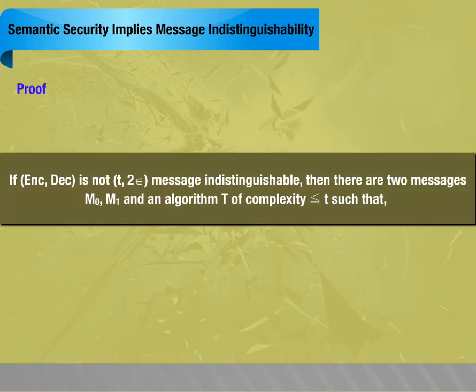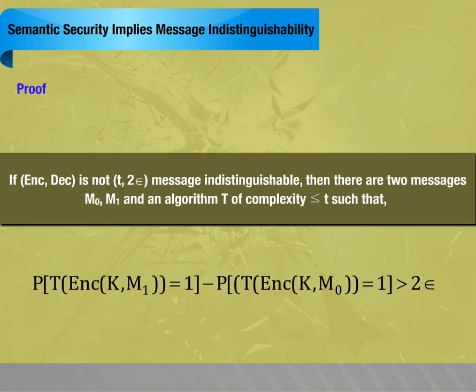If (ENC, DEC) is not (t, 2 epsilon) message indistinguishable, then there are two messages M0, M1 and an algorithm T of complexity less than or equal to t such that |P[T(ENC(k, M1)) = 1] - P[T(ENC(k, M0)) = 1]| > 2 epsilon.